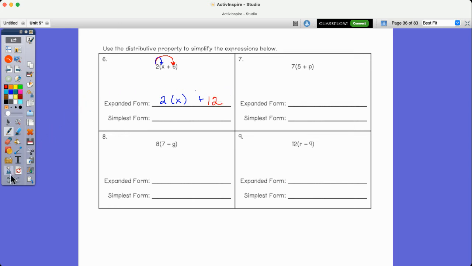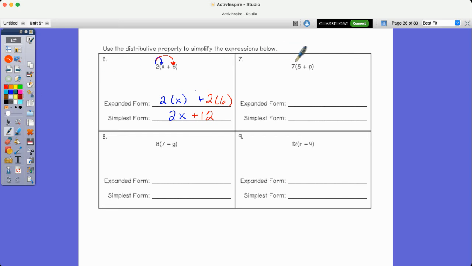Oh, I just lied. Well, I didn't lie. I didn't write it in expanded form. 2 times 6. Okay? This gives me 2x plus 12, simplest form. Sorry, I tend to jump to simplest form because after a while, you don't need expanded form.